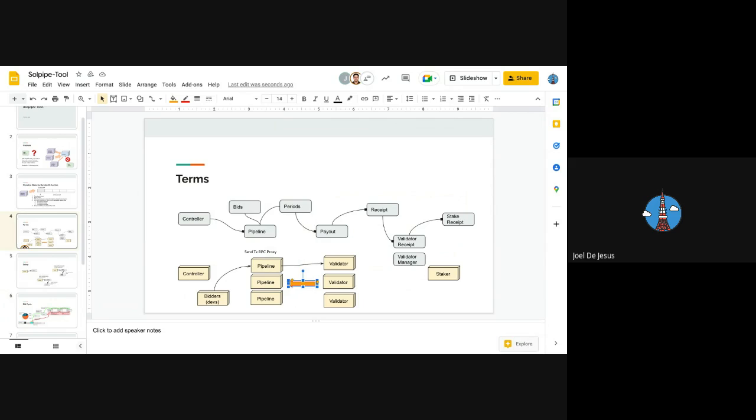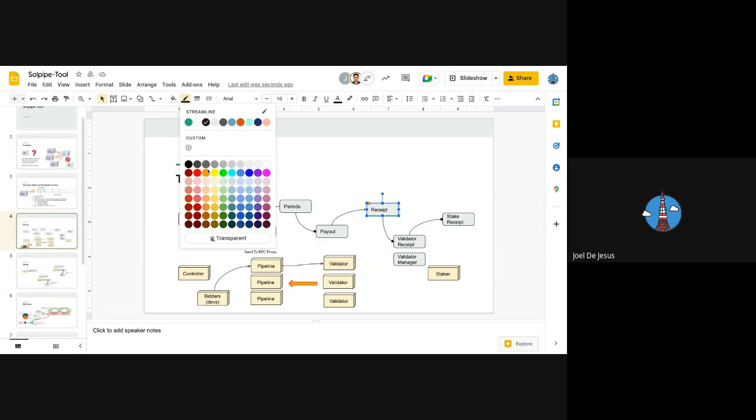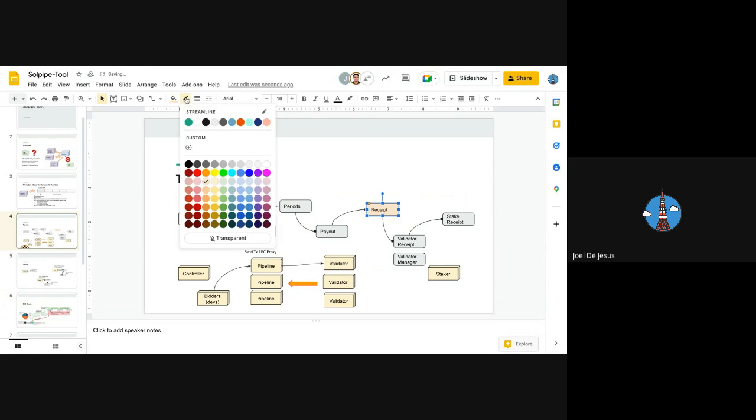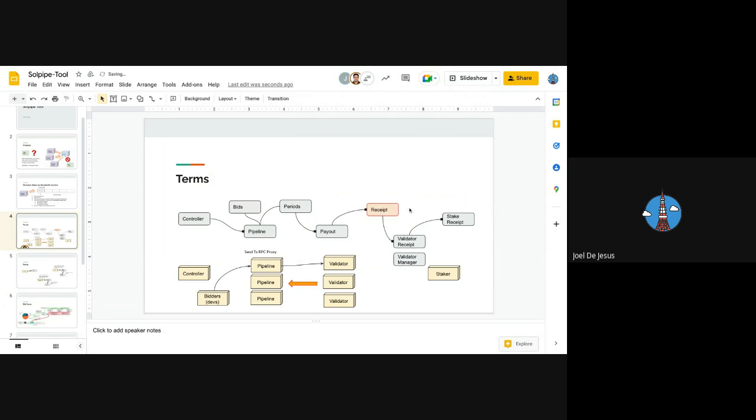And they do that by creating a receipt account. So I'll mark it orange. The validators make a receipt account. And a receipt account basically tells everybody on chain, hey, I have 30 Sol and I'm going to pick this pipeline.